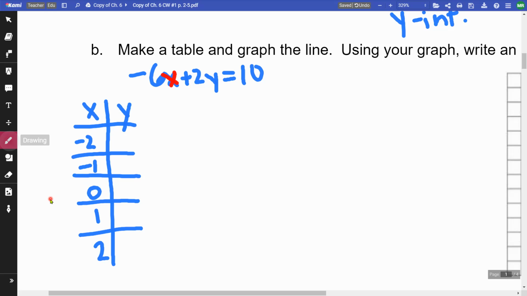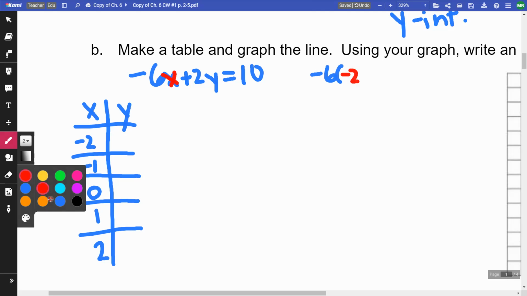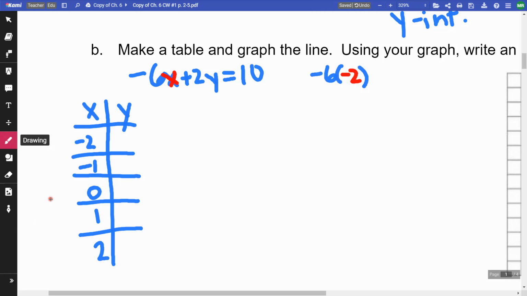For example, if I start with -2, I am going to go -6 times -2, putting it in for my x, plus 2y equals 10, and I'm going to solve this and find my y.